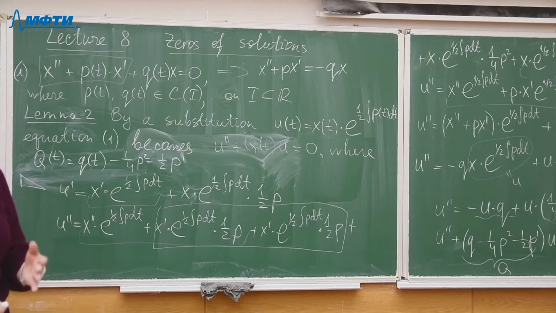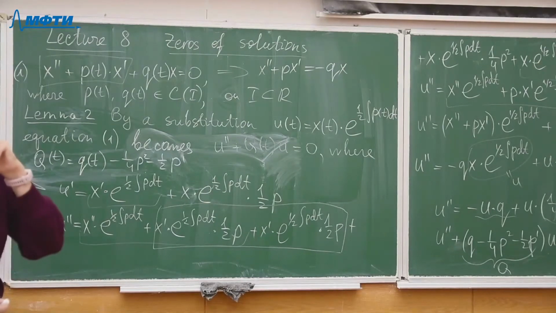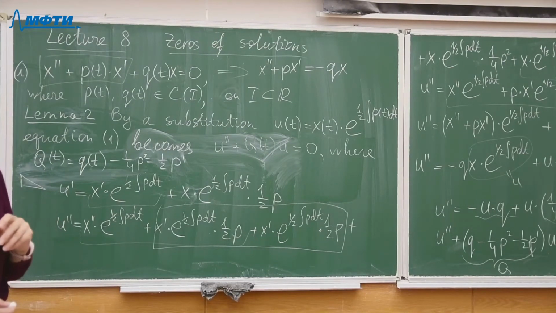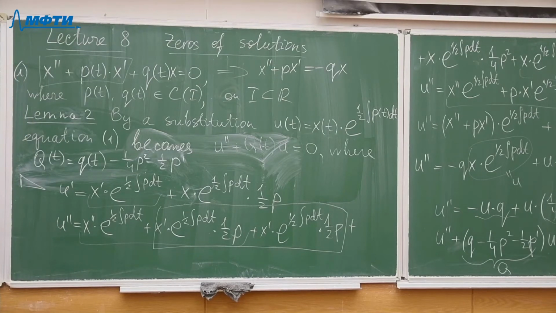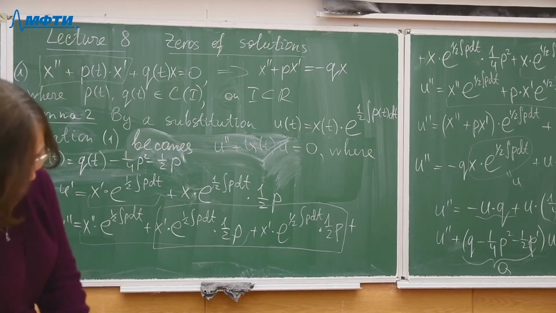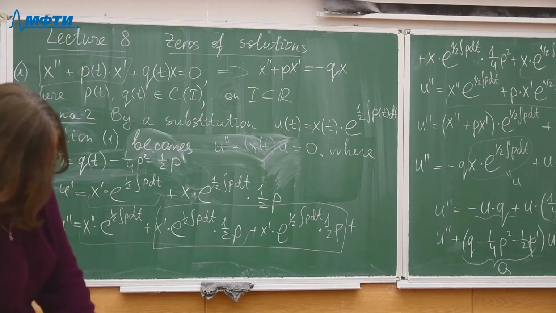After this, I will solve something using the variation of parameters, and after this we will have a control work, a control test. So no seminars today. There will be a control work.